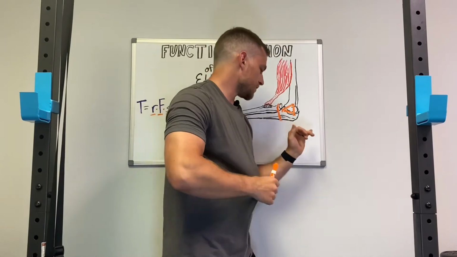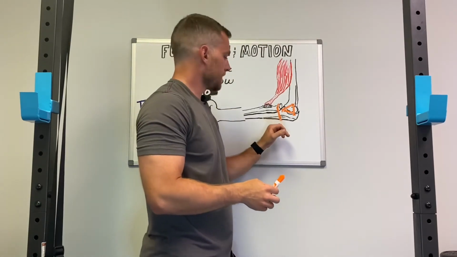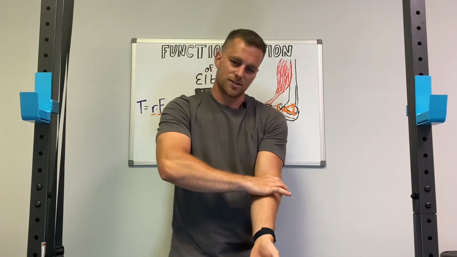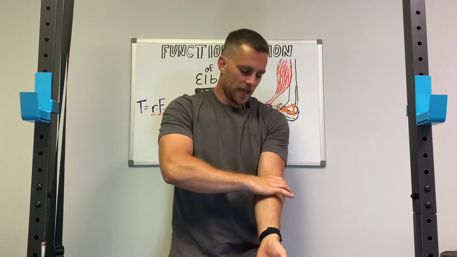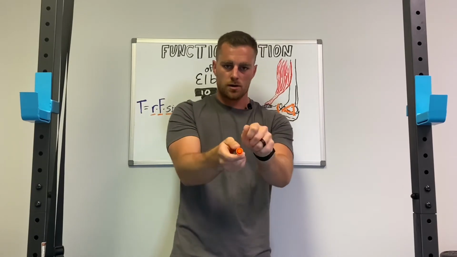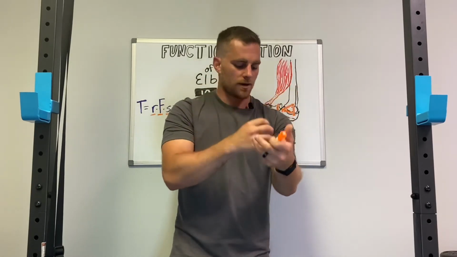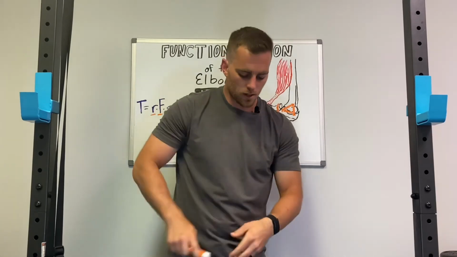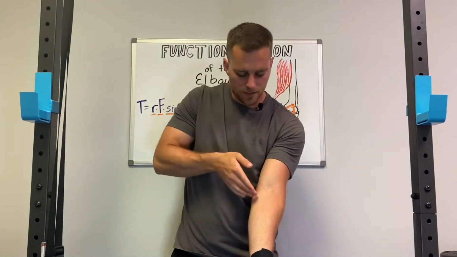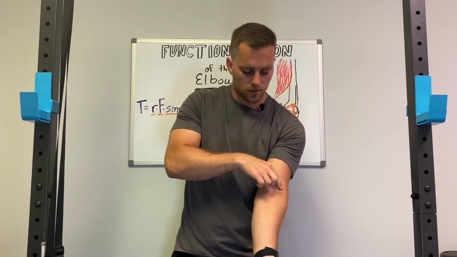So the other ligament I want to talk about is the annular ligament. The annular ligament holds the radius and ulna, like a ring around them like this, and allows the radius and ulna to rotate about one another without losing their relationship with one another. So if you look at the radius and ulna from this view, we have the ulna coming up medially and the radius coming up laterally.